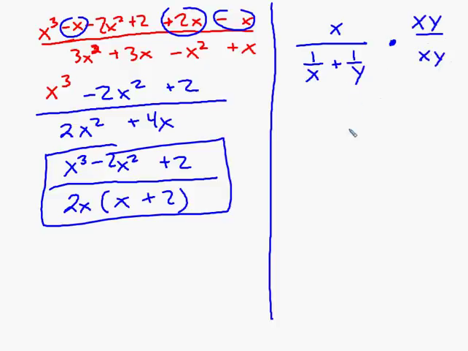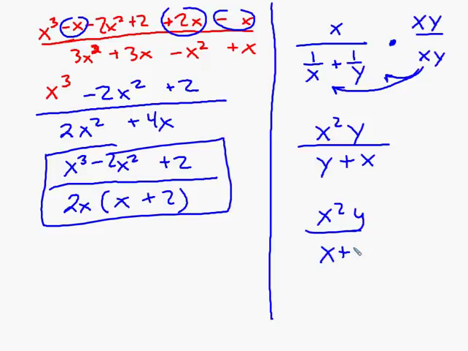That clears out that denominator. The common denominator is xy. So at the top I get x squared y, and at the bottom, if I distribute this, the x's will cancel on the first fraction, so that leaves a y. And then over here, the y's will cancel, leaving me with x. So I have x squared y over x plus y.